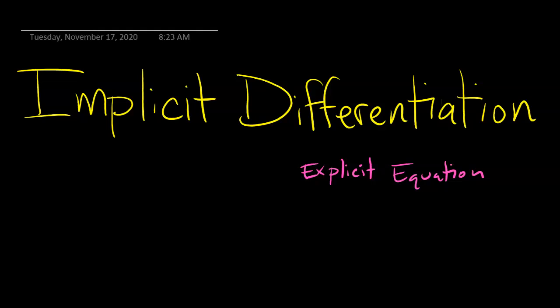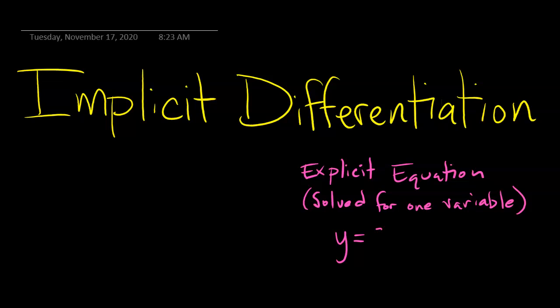An explicit equation is an equation that is solved for one variable. Doesn't matter what variable it is. It's just solved for one variable. So we're most used to y equals. So this would be considered an explicit equation because it's solved for one variable.